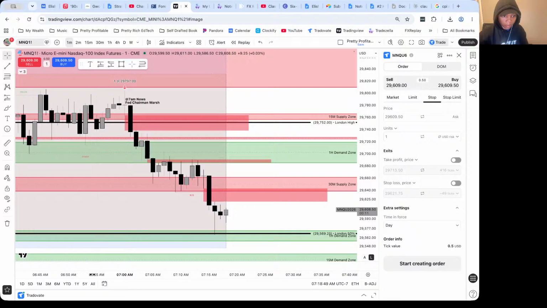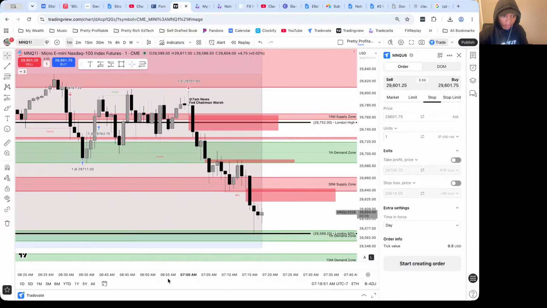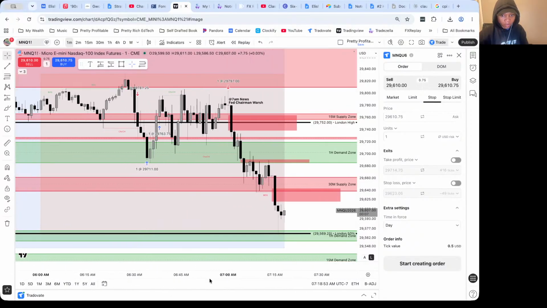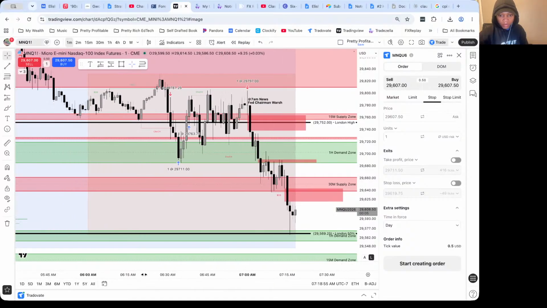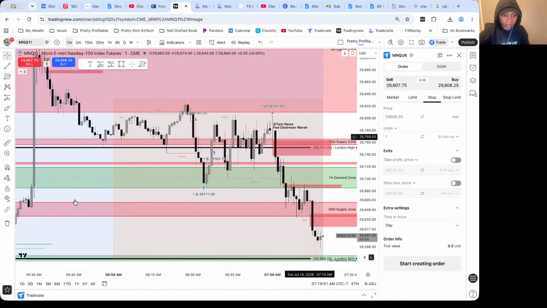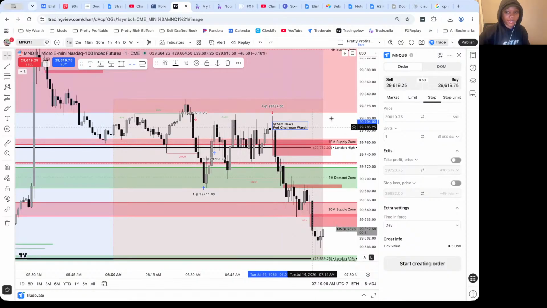Let's also look back to 5 a.m. Okay, so I haven't gotten a rejection candle off of the demand yet, but I also want to see... Oh, CPI. That's pretty dope, to see this candle and be able to say, oh, that was because of CPI.